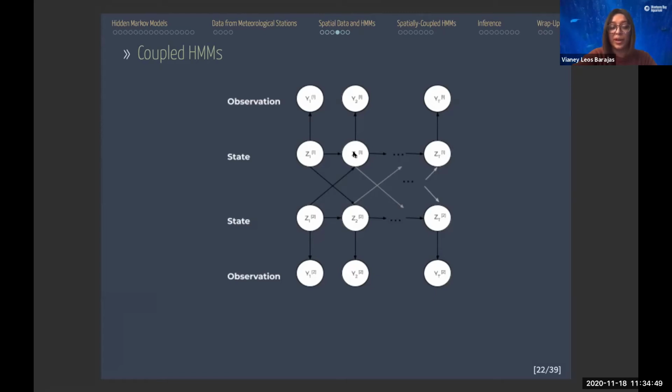this state process depends on the state at time t minus 1, which would be the state at time 1. But it also depends on what occurred at time 1 for this other state process as well.